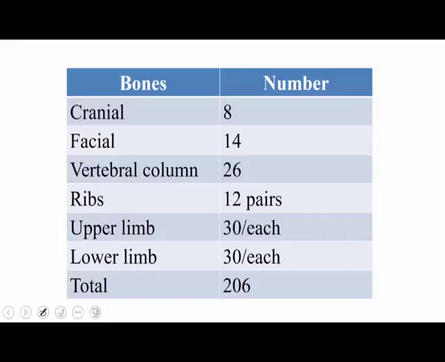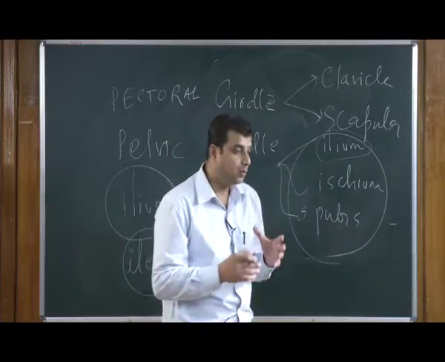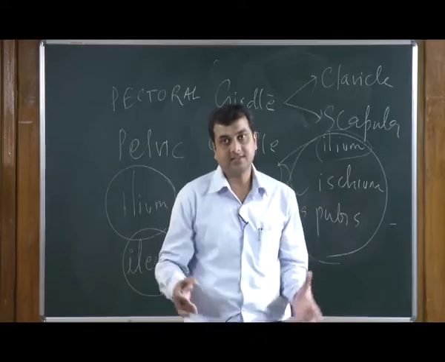The bones we have discussed in a couple of lectures are cranial, facial, vertebral column, ribs, upper limb and lower limb, and in total we get 206 bones in the human body. So this is about the number aspect of the bony structure.